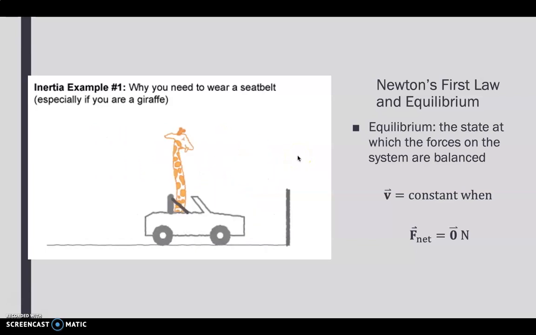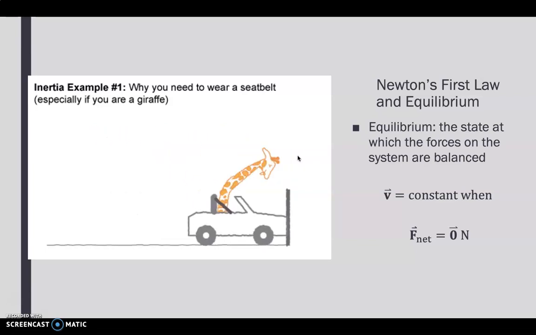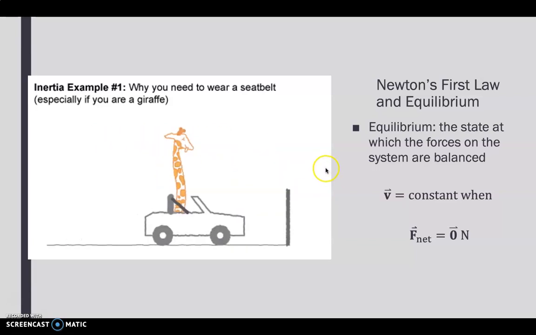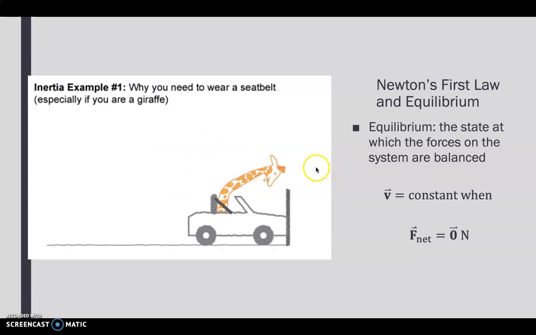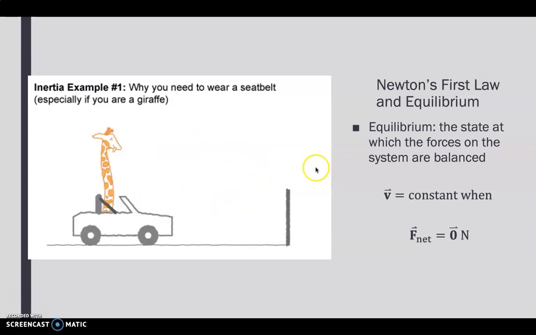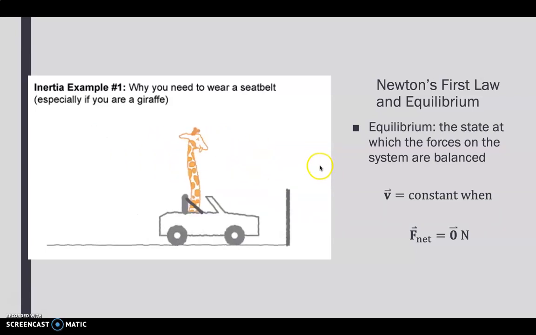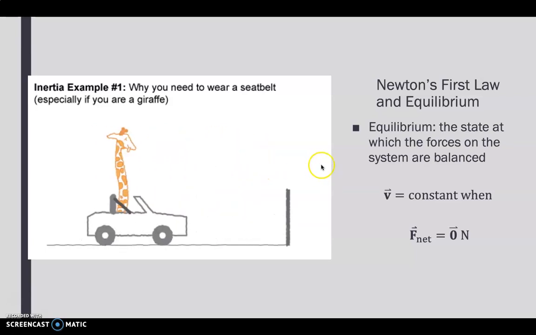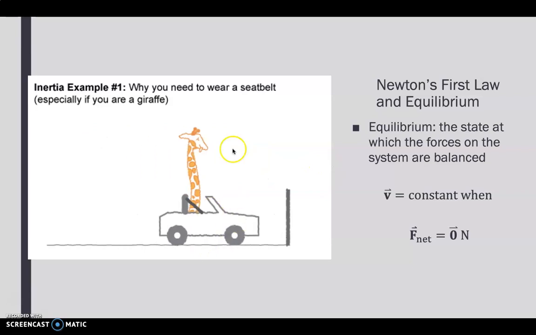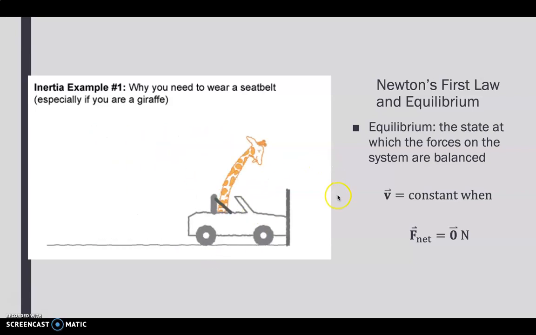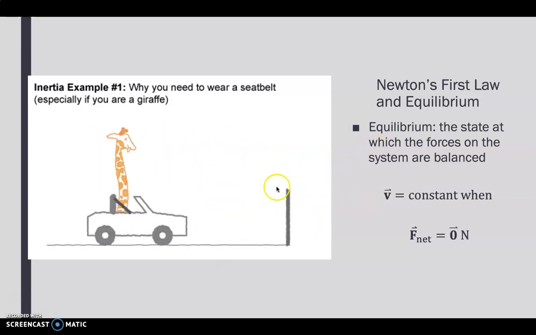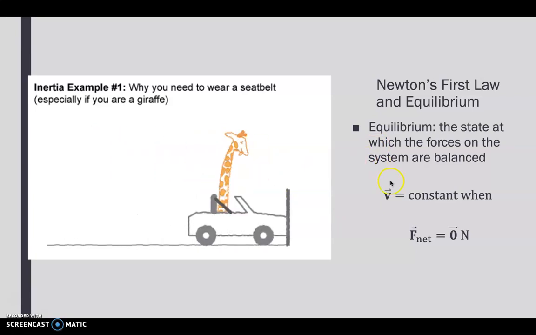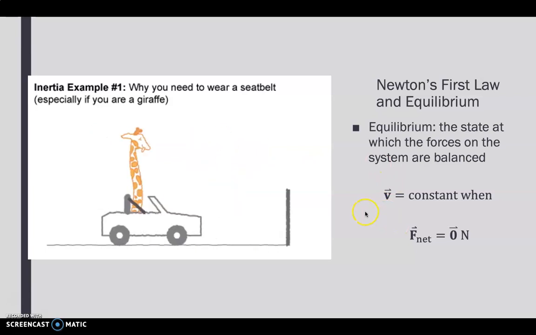You still have that inertia, that force to go forward. That's one of the reasons why we care about understanding physics and Newton's laws. If we're this giraffe, we need to wear a seatbelt. Even as humans, we need to wear seatbelts or else we're going to be flying forward through that car.